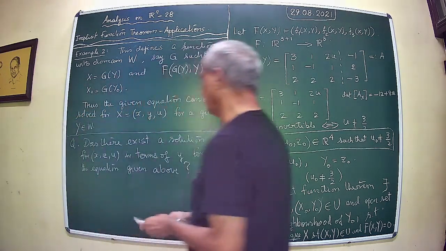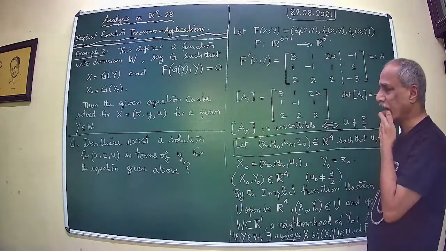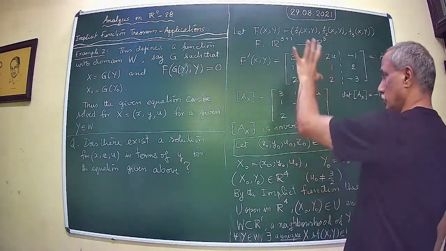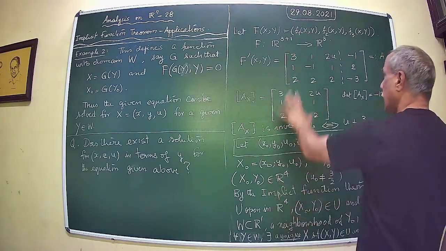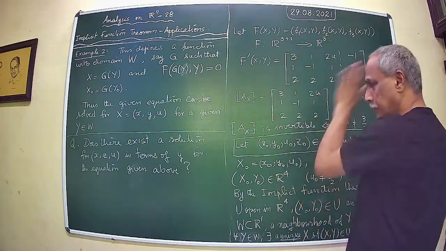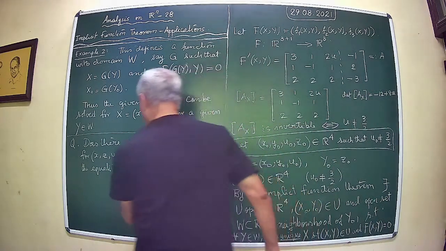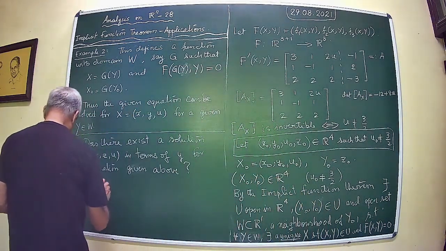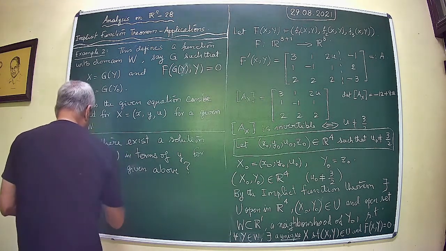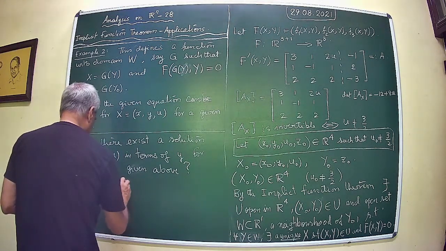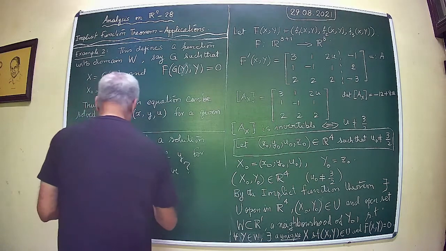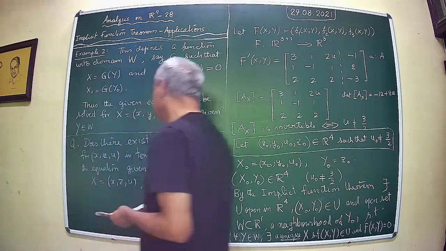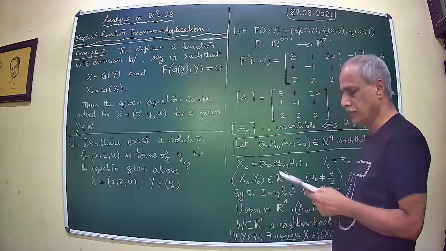This is the question that you have. Once again, you completely repeat the same procedure, except that now you take x equal to (x, z, u) and y equal to, this is all the difference that you have.